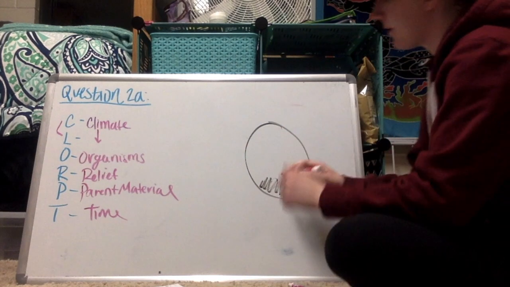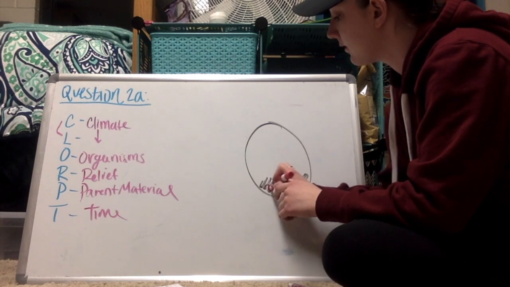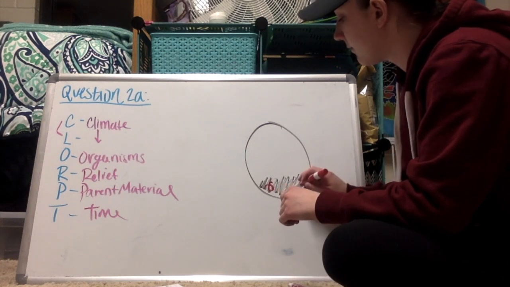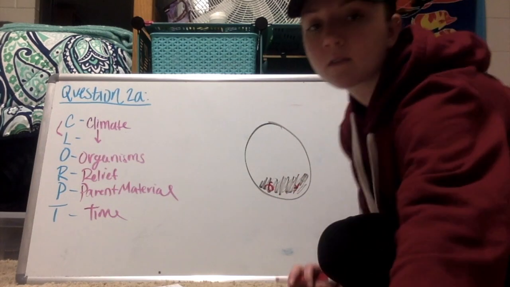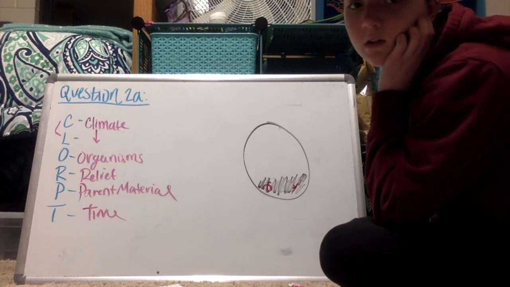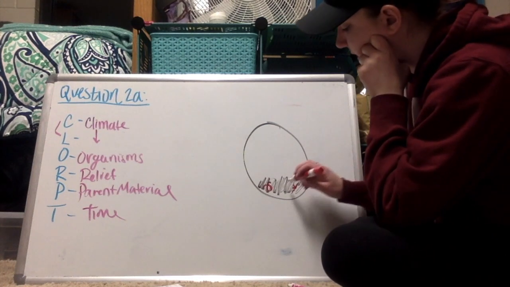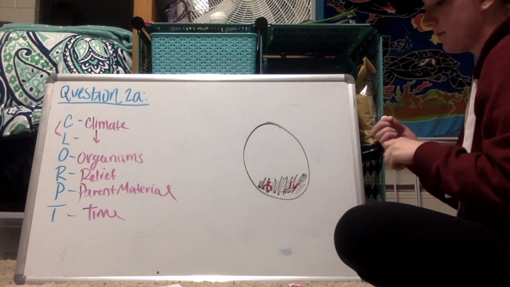So I'm going to draw a little ladybug, maybe some bones. I don't really know how to draw bones, but we'll just pretend that looks like a foot. And then I'm going to draw a worm for more organisms.